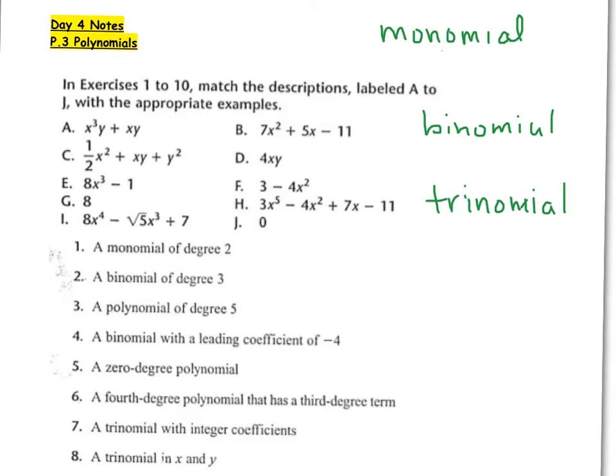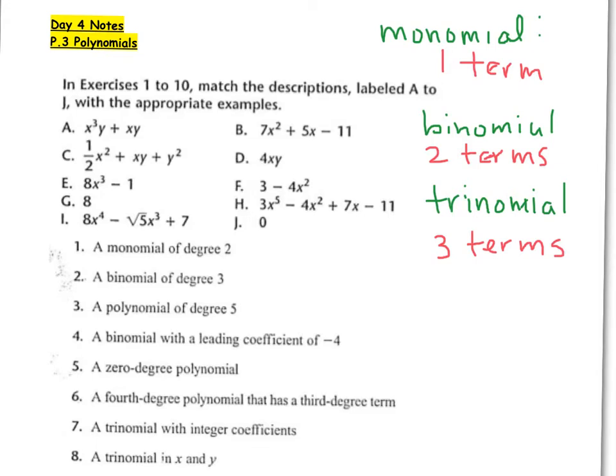And the prefixes go along with those terms. A monomial has one term. A binomial has two terms. And the trinomial has three terms. And we don't have any special names for the polynomials that go up in size.